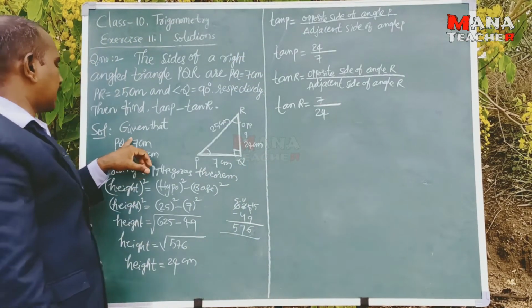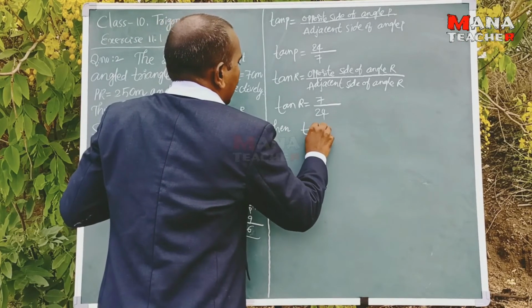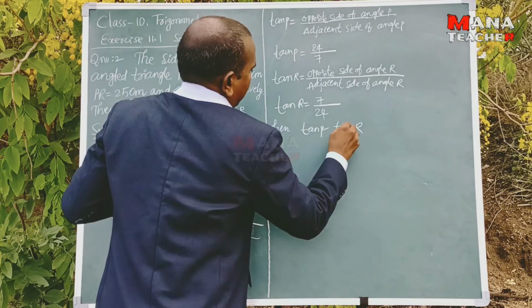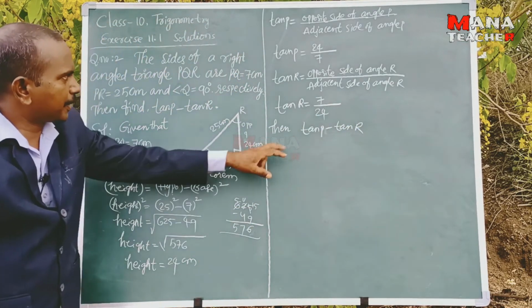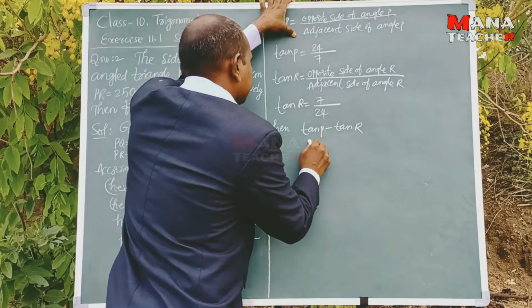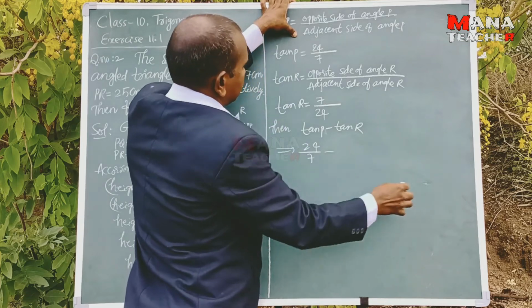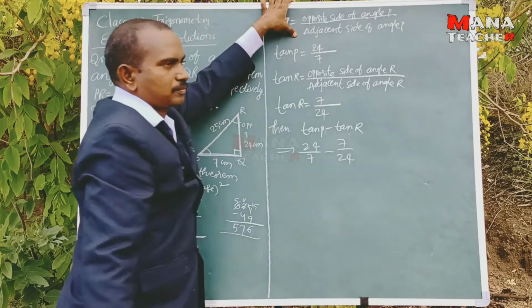Next, tan P minus tan R. Tan P is 24/7 minus tan R, 7/24.